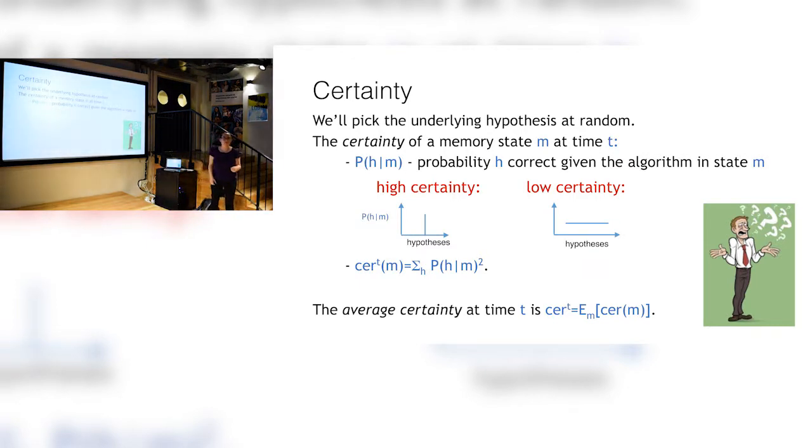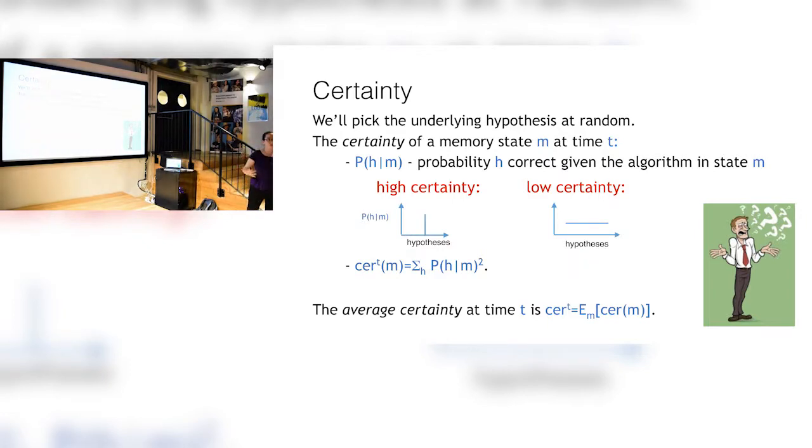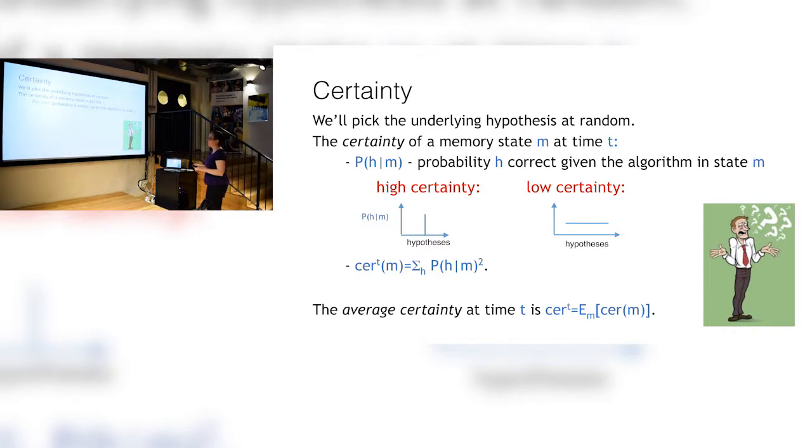For each memory state, we have some probability distribution over all the hypotheses, and this distribution denotes the probability that the correct hypothesis is some h given that the algorithm reached a memory state. Let's see if we understand this concept.